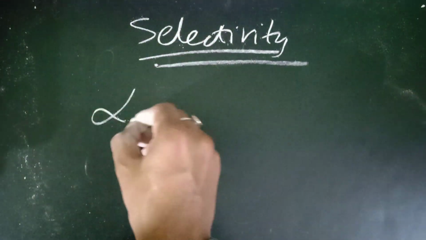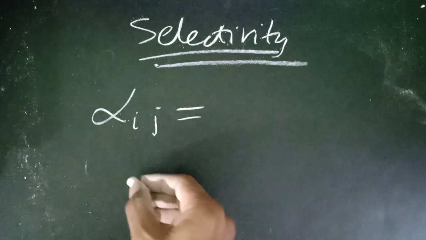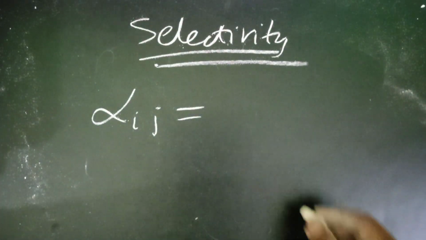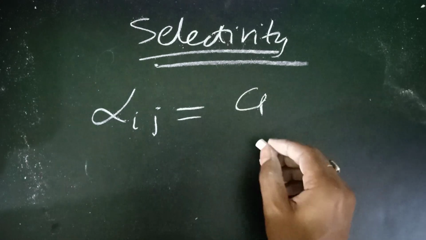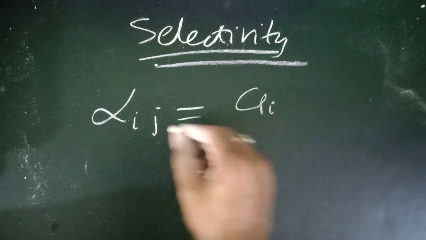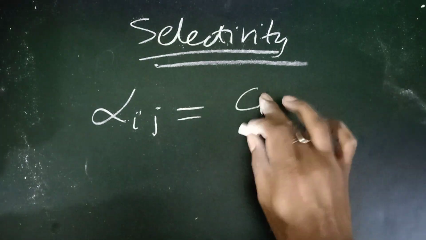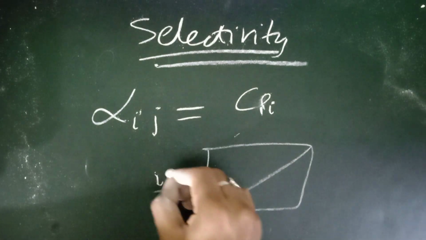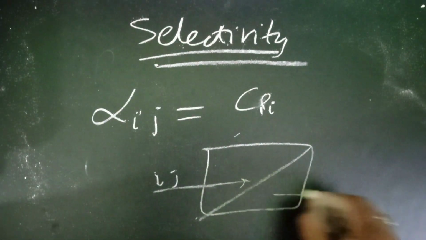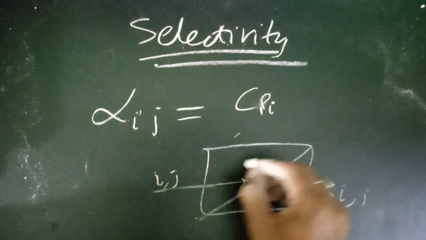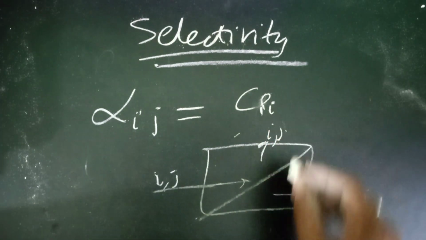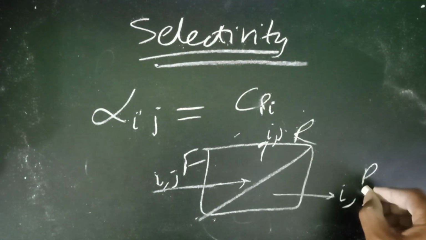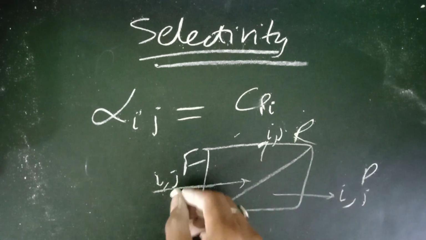Now we have the selectivity, denoted by alpha ij, kind of like relative volatility, or you can say the selectivity in the case of extraction. What it means is, let's say we have a membrane and I and J components are going, so I and J would be in F, R and P. So how much in P compared to how much in F?